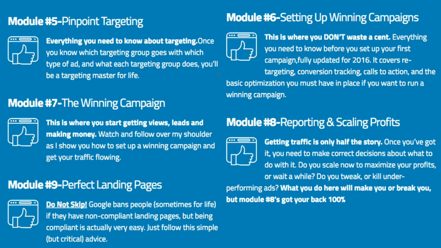So we talk about all the different calls to action, when to use them. Module 7 is over-the-shoulder campaign setup. Module 8 is all about reporting, scaling, and profits. And Module 9 is all about landing pages. Google does ban people, sometimes for life, if they have non-compliant landing pages. But this module is going to walk you through everything you need to have and not have on your page to ensure that you don't run into those problems, right?